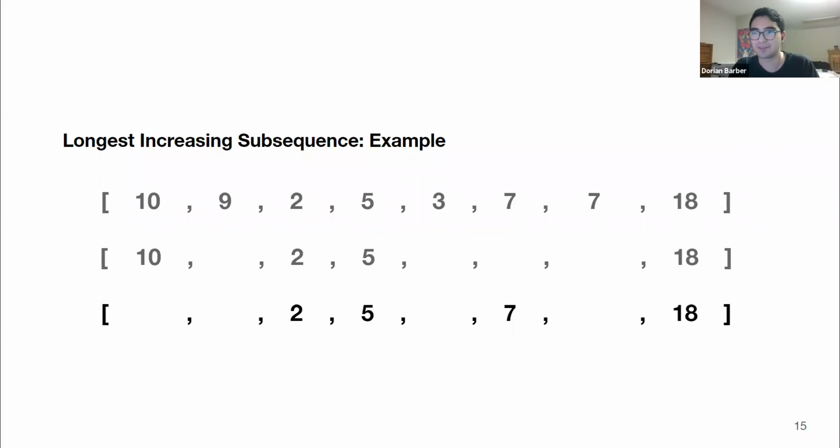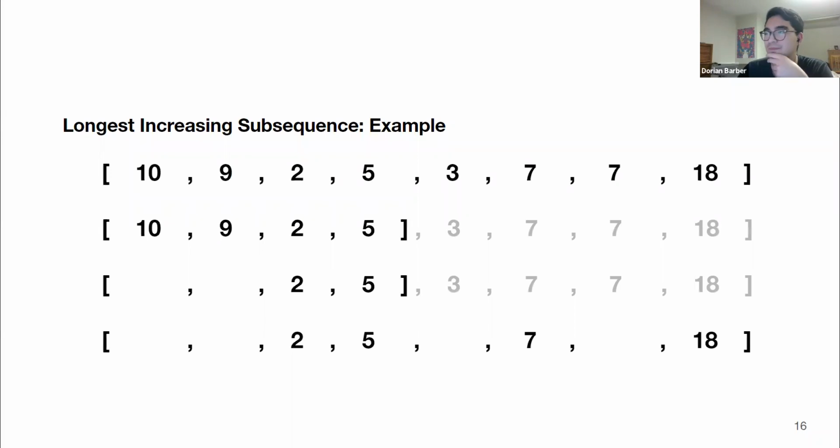So at first this problem seems pretty difficult to solve, but if we really look at this example, I think the solution will start to show itself. Right, so up top I have the example again, and let's just consider the first half of this array, the first 4 elements, 10, 9, 2, 5, okay?